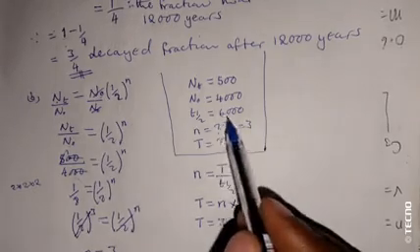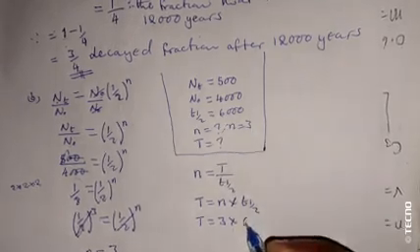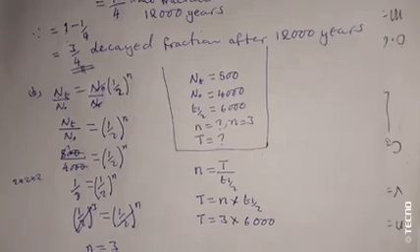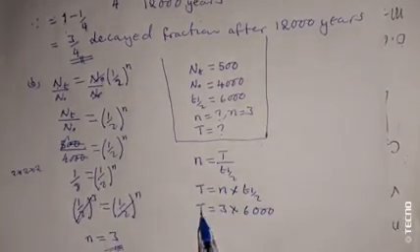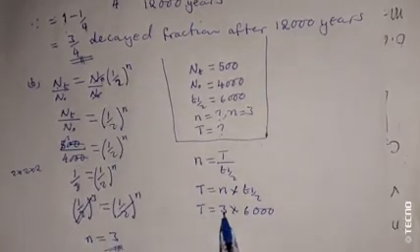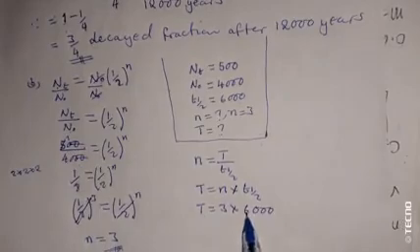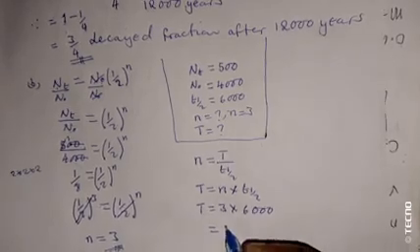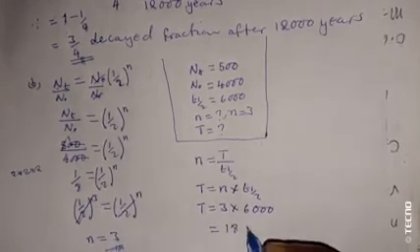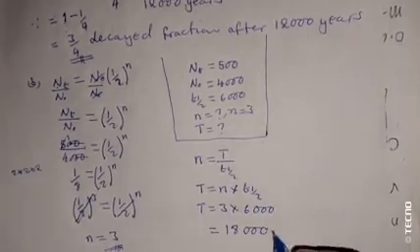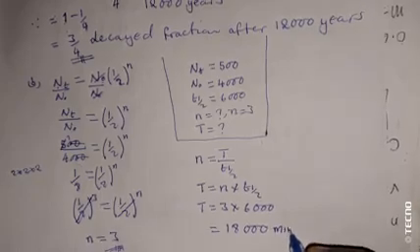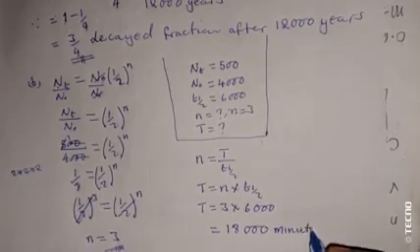Half-life here is 6,000, so replace by 6,000 here. Then t is 3 times 6, and here we are going to have 18,000 minutes. Time, remember, is given in minutes, so we'll say minutes.